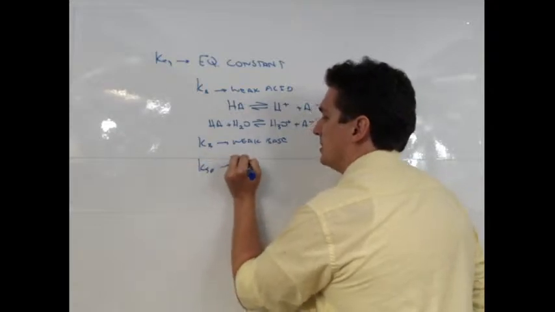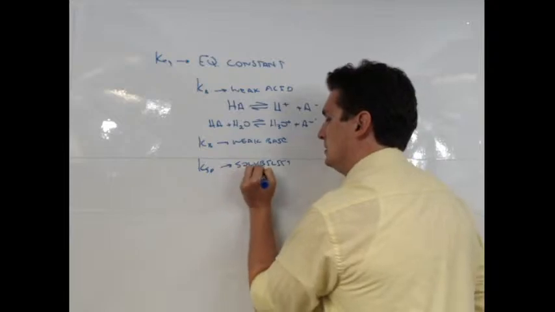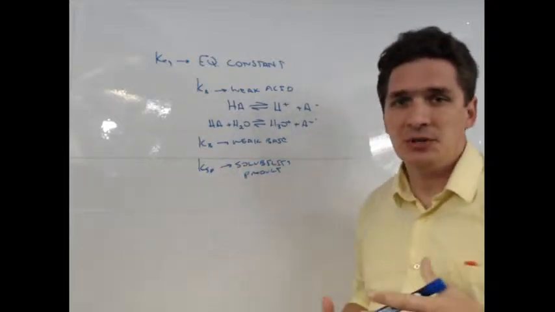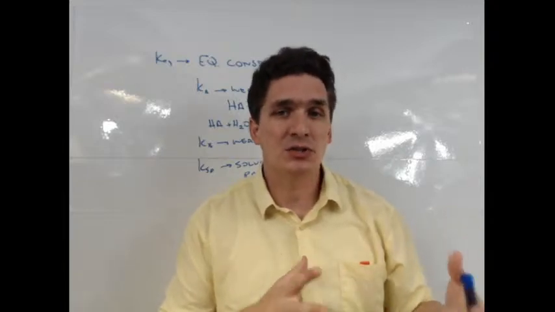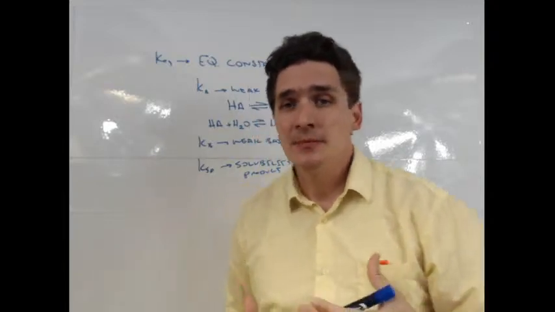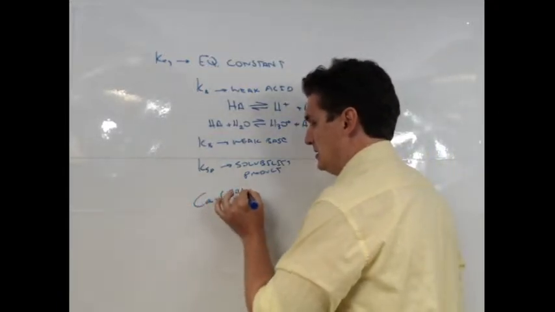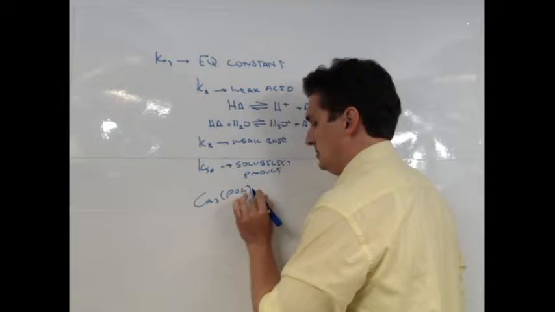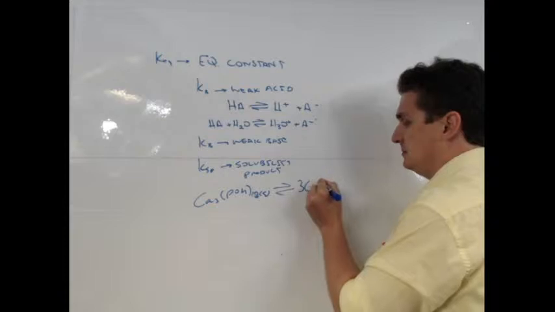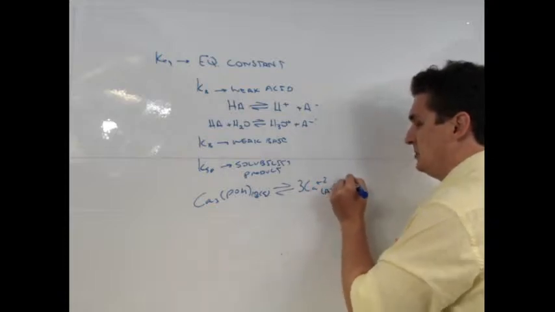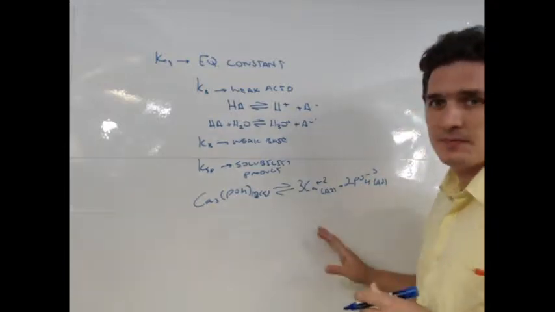Ksp is the solubility product. And basically the solubility product is the equilibrium constant for an insoluble salt dissociating in water completely. So if you have something like calcium phosphate, the Ksp is for 3 calcium cations plus 2 phosphate anions.